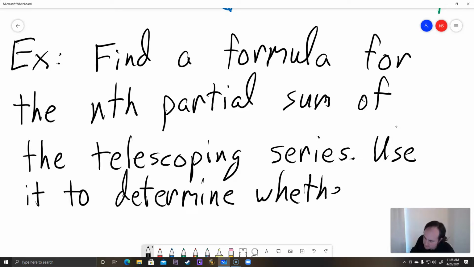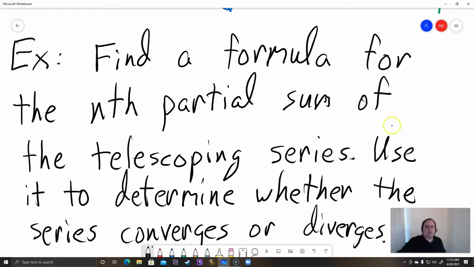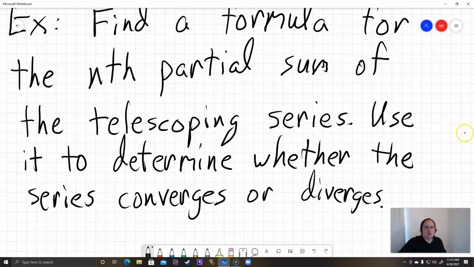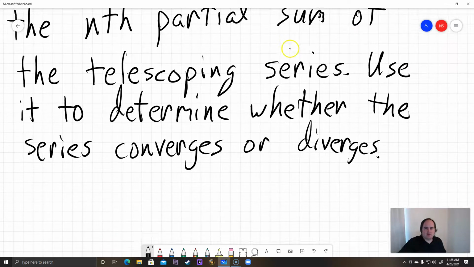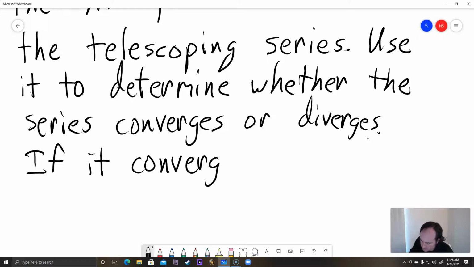Find a formula for the nth partial sum of the telescoping series. Use it to determine whether the series converges or diverges. If it converges, find its sum.